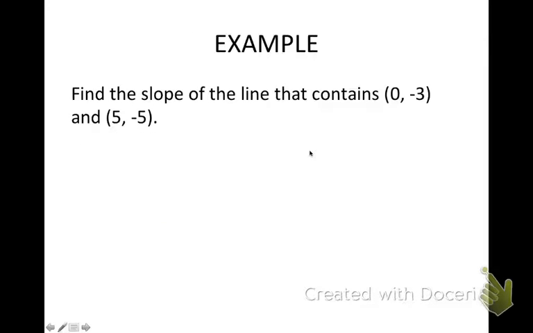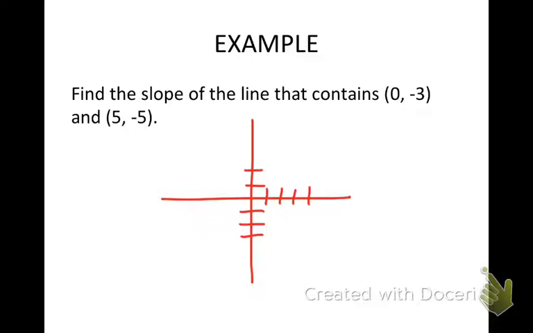Sold and gone. All right, so what I want you to do is make a quick rough coordinate plane in your notes and plot the points (0, -3) and (5, -5).